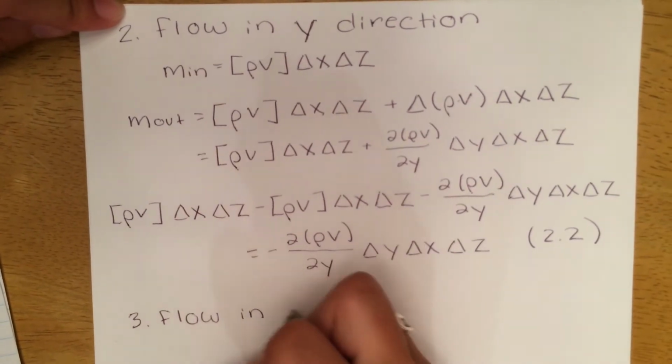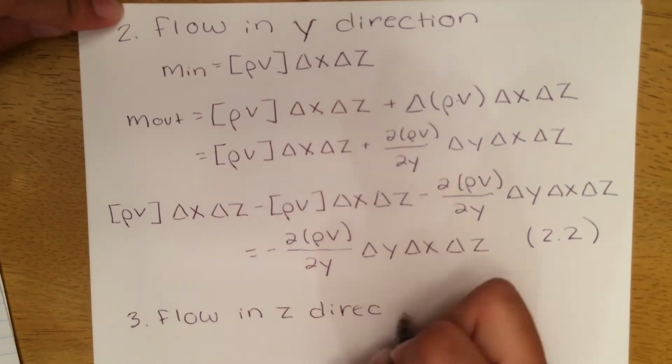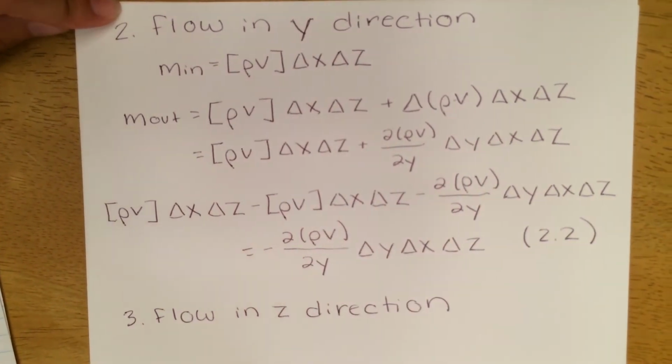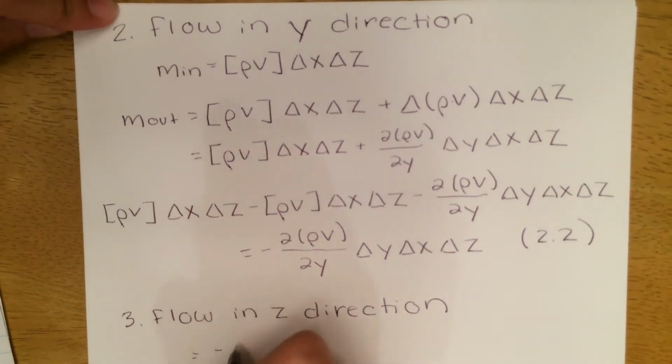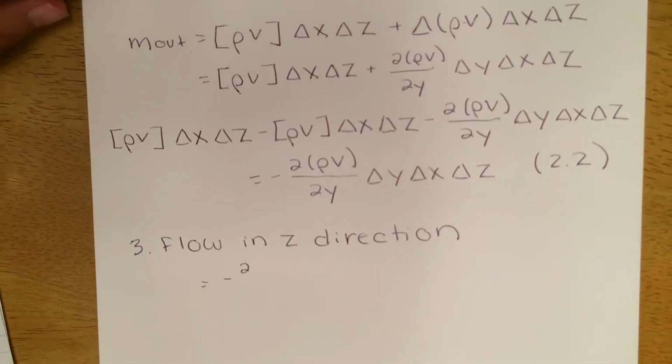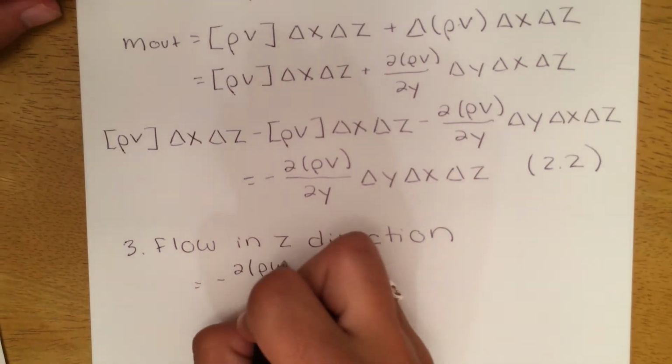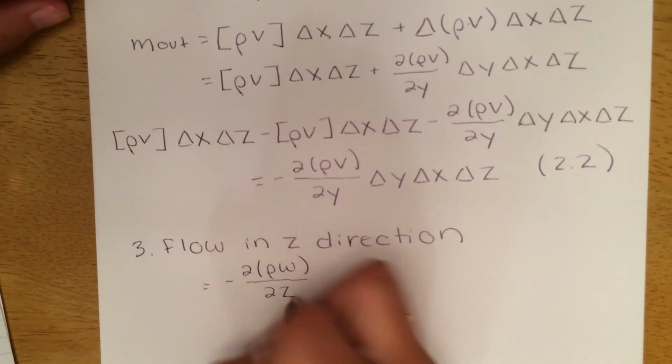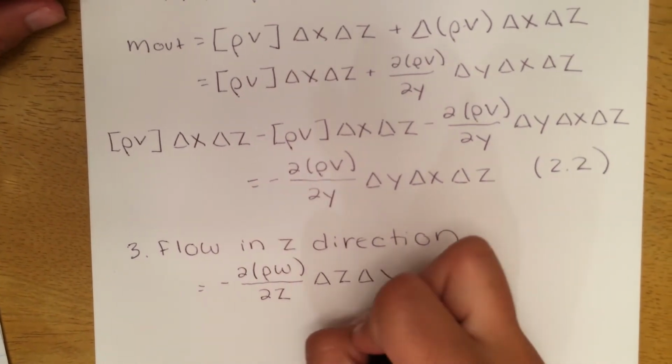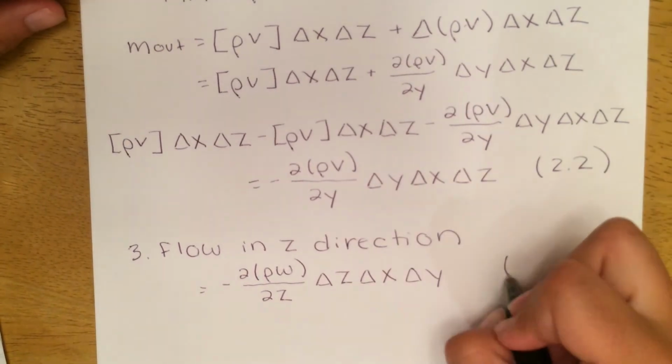Finally, we have flow in the z direction with a velocity component of w, and the area it is flowing through is delta x times delta y. Our final equation for flow in the z direction is given by equation 2.3.